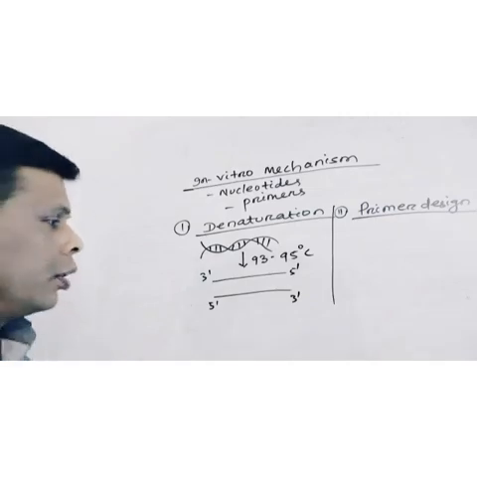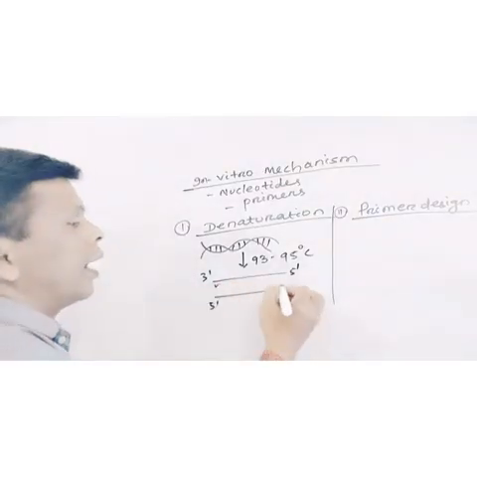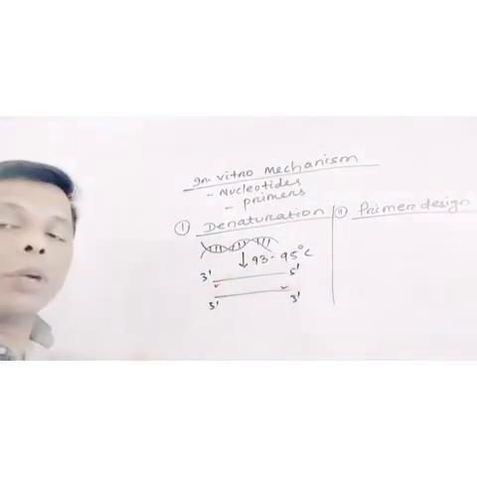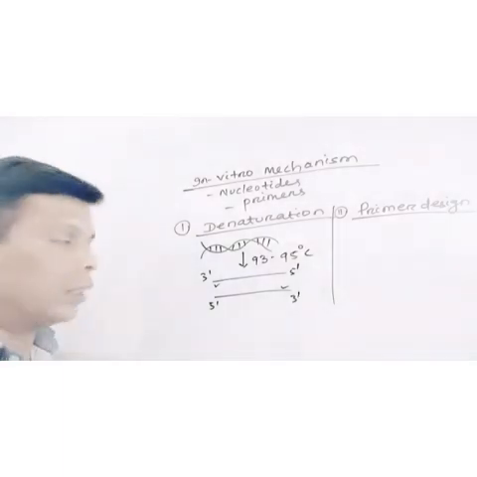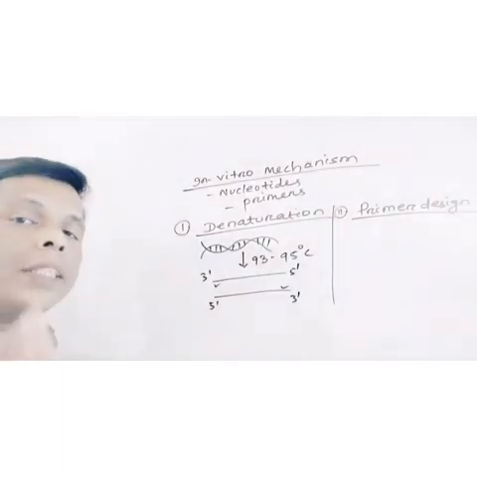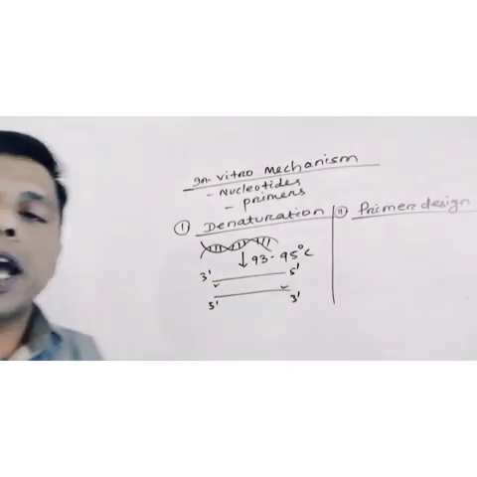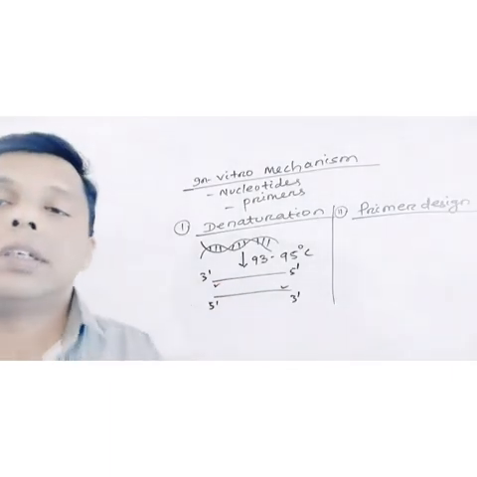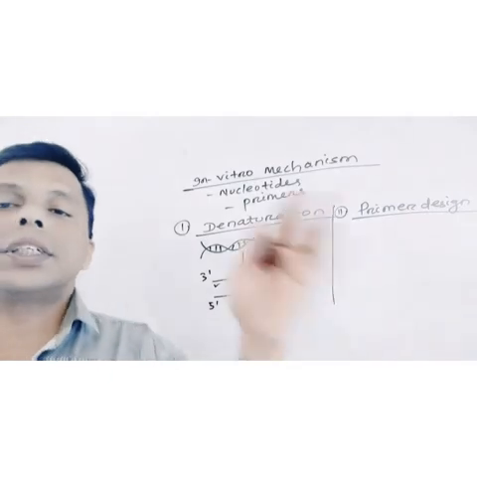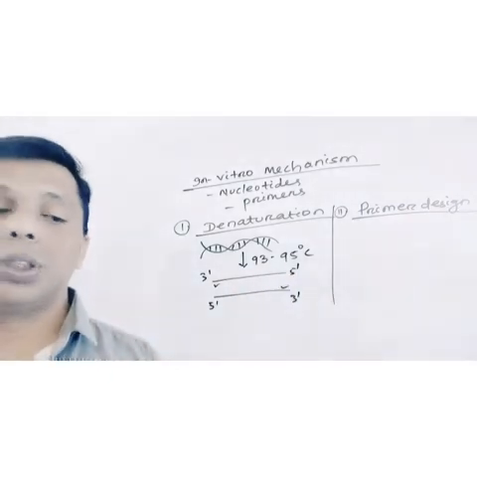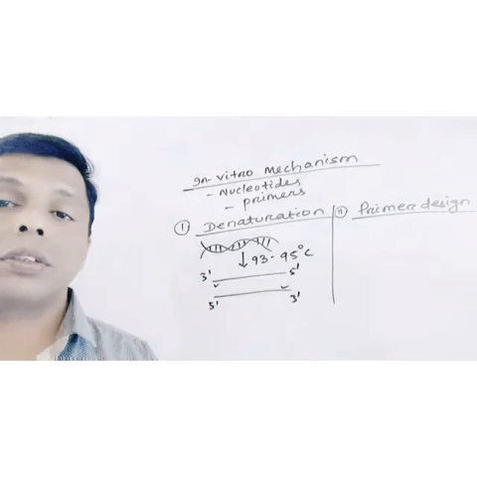Suppose the primer should attach at this location. Sometimes it is found that when the primer is not designed properly, it will attach to other places. So the primers are needed. What are the basic steps in designing the primer?